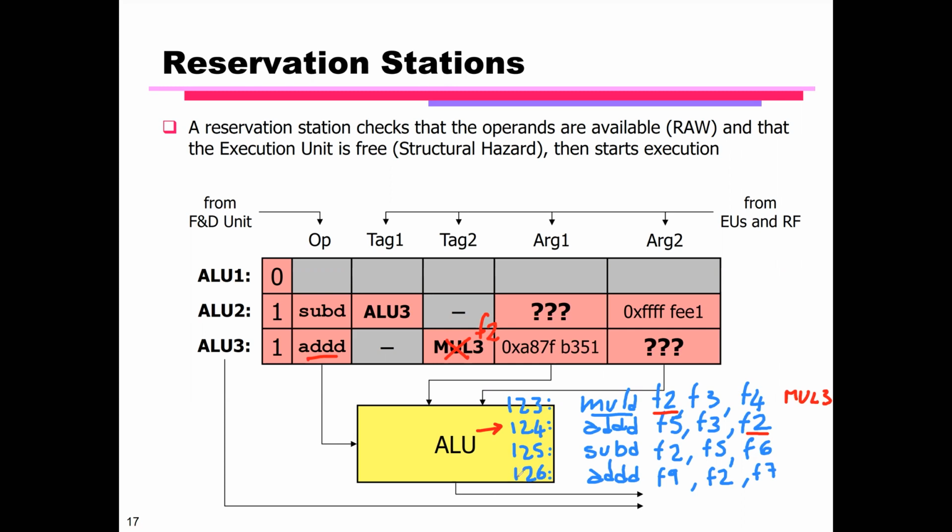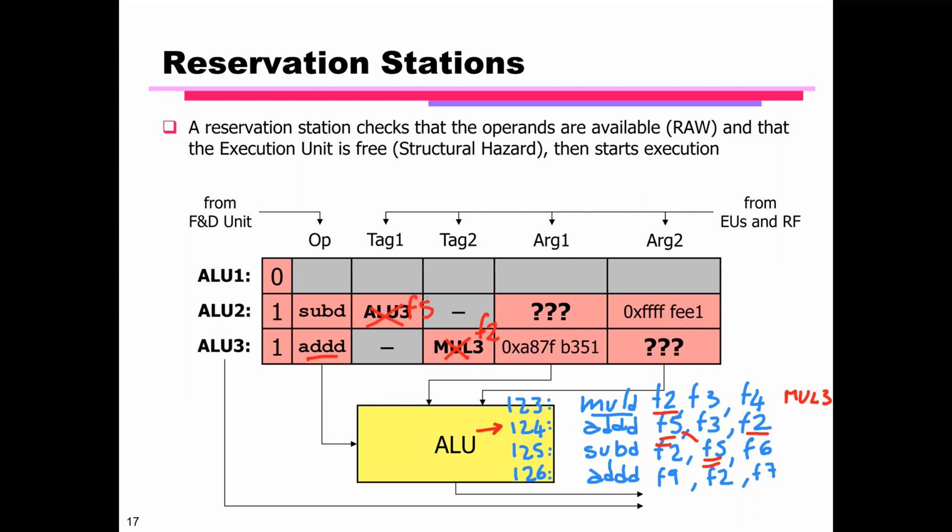Superficially, this seems to be a perfect thing, right? When I decode the instruction at PC at address 124, the add_d, and when I decode the next instruction, the one at address 125, the sub_d, and I find that there is a dependency between this F5 and this F5, why do I have to put ALU3 as a name of what I'm waiting for?